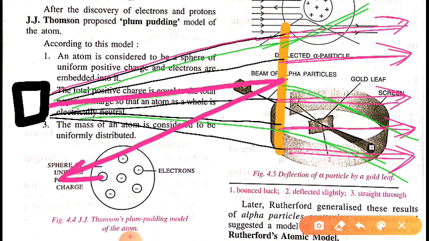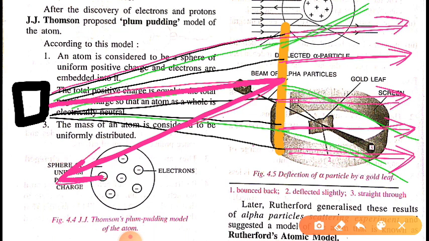That is why, since I have told you that the alpha particle is also a positively charged particle, when it strikes that nucleus it is completely bouncing back. Why? You know that positive and positive repel each other. That is why you can see this one completely bouncing back.